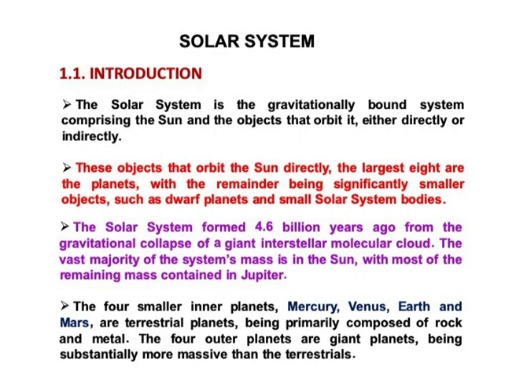The four smaller inner planets, Mercury, Venus, Earth and Mars, are called terrestrial planets, being primarily composed of rock and metals.